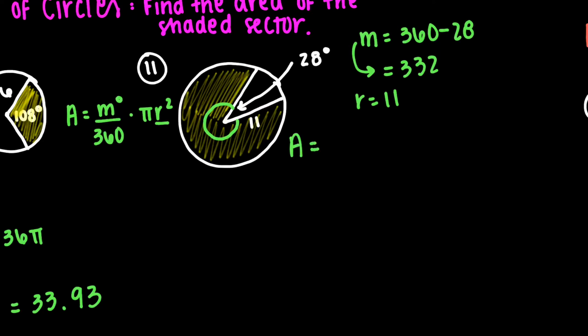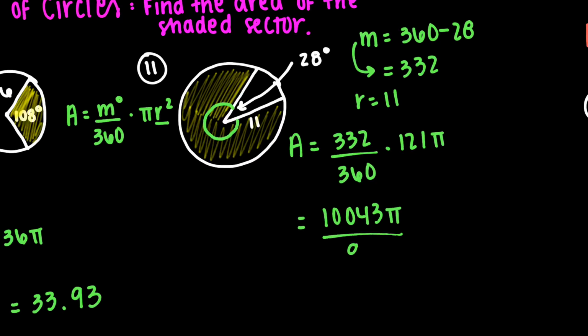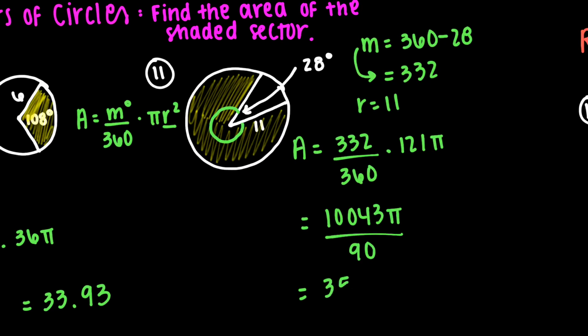Area is equal to 332 divided by 360 times, remember I do the r squared first, so 121 pi. In my calculator, it's going to give me an exact answer. In yours, it won't, and that's totally fine. The decimal is fine here. So 332 divided by 360 times 121 pi gives me 10043 pi divided by 90. And the approximate answer is 350.57.